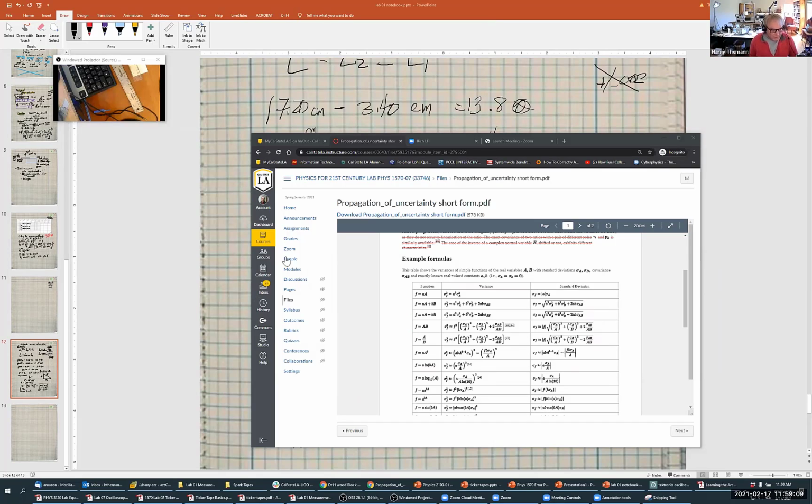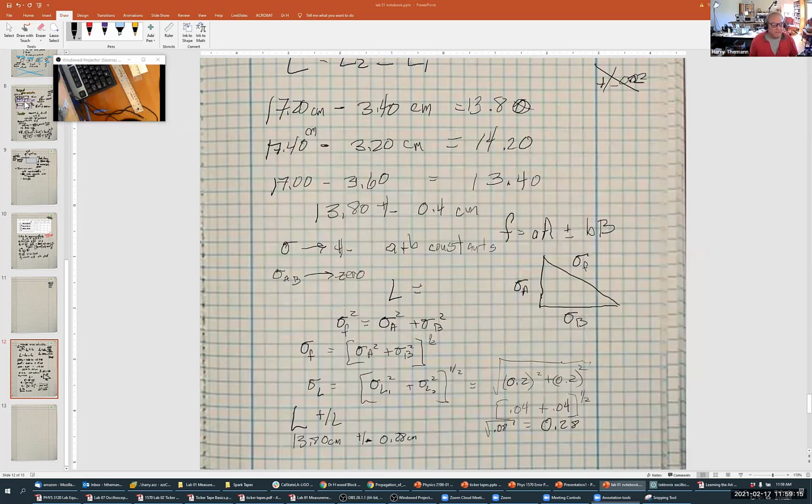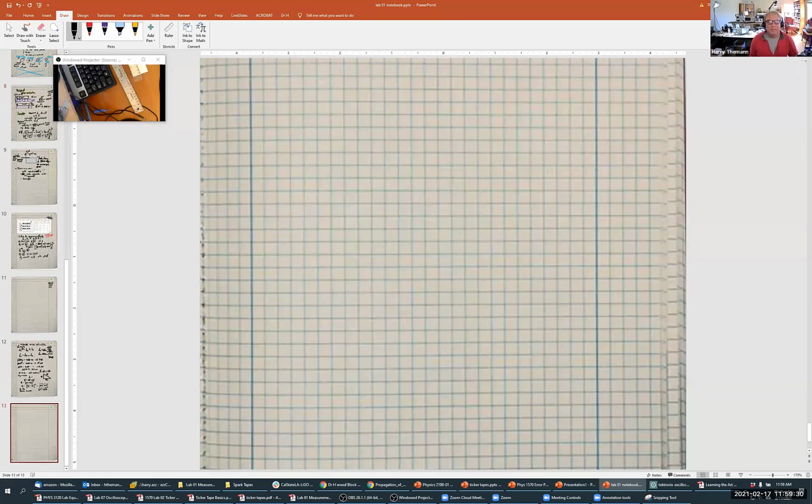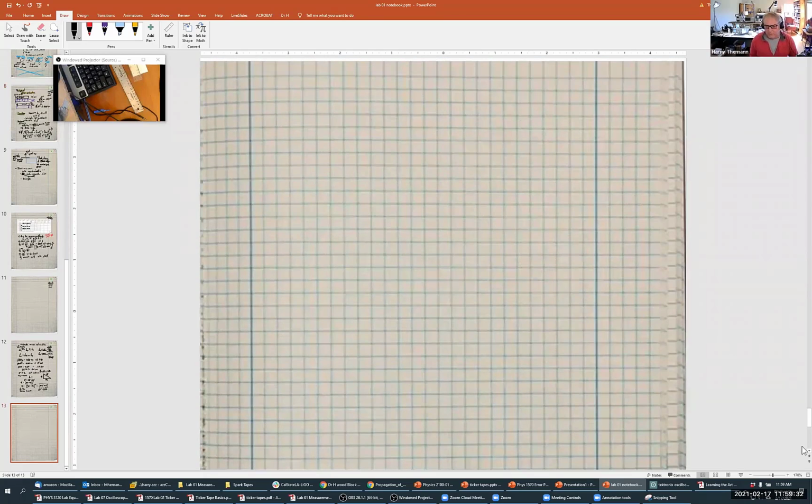So one last thing we need before we move to the spreadsheet is recall that we talked about the volume, the plus minus on the volume. So I just wanted to reiterate that in terms of my inspiration to use the Pythagorean theorem idea.